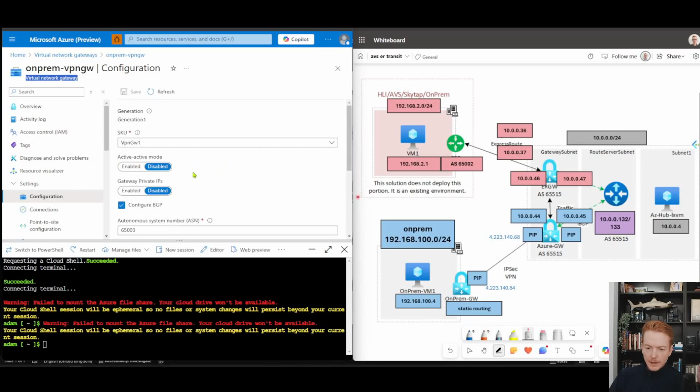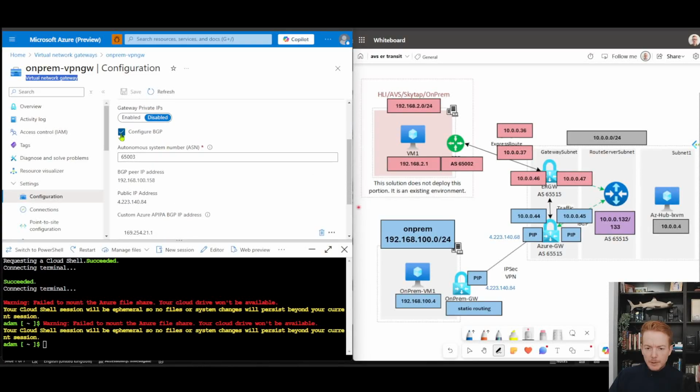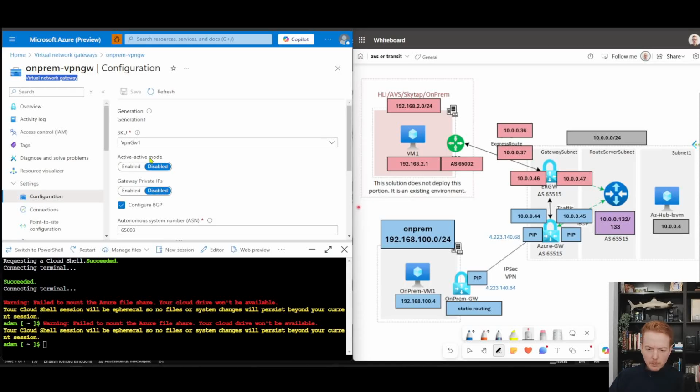It's running in active standby mode, which means effectively there's only one active node under the covers. I haven't enabled active mode on my on-prem side. In Azure I have, because that's a prereq to use Azure Route Server, and you'll understand why later. Configure BGP is turned on, but we're not actually using BGP, and we can see that if we look in the connection.